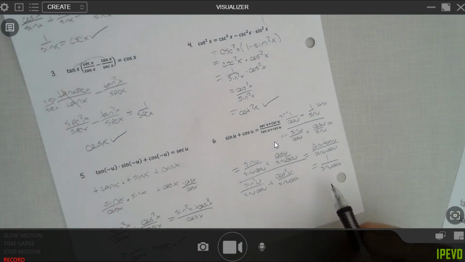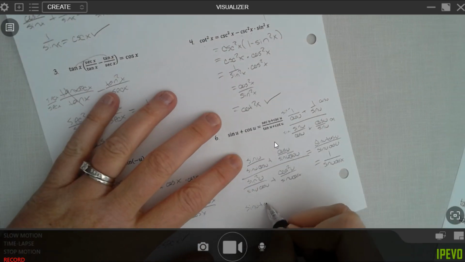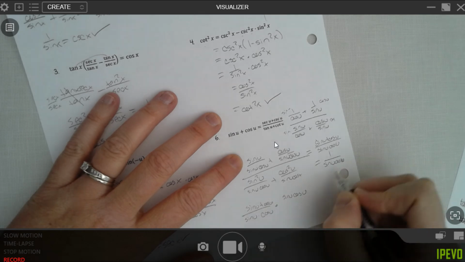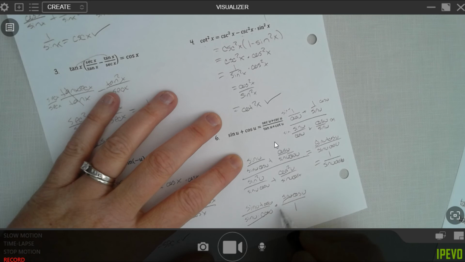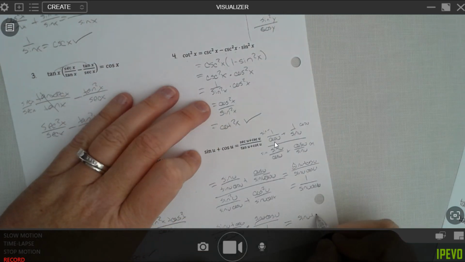So now I can flip this and multiply it to the top. So top is sine u plus cosine of u over sine u times cosine of u. Flip the bottom and multiply. So this becomes sine u cosine of u over 1. These are the same terms, so they cancel. So then I end up with sine u plus cosine of u, and that's what I was trying to get to.